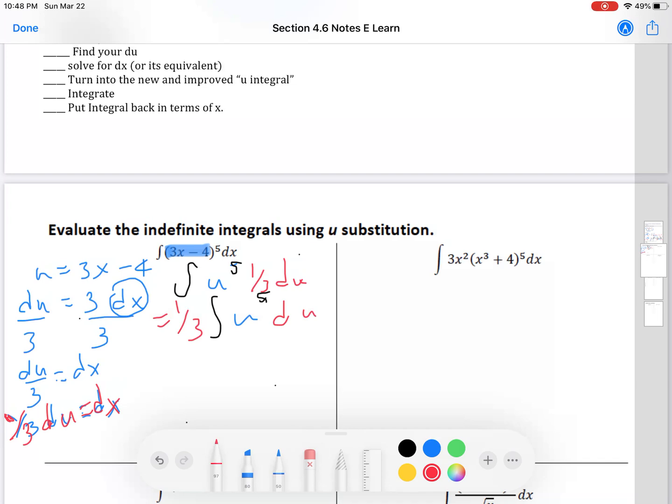So now I have an integral that is pretty basic to do. This integral of u to the 5th du is a very simple power rule type of integral. So when I complete this, I get u to the 6th times 1/6. And technically speaking, there is a plus c that is going on with this.